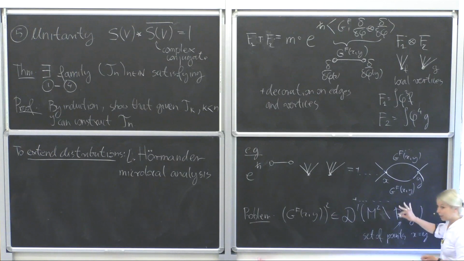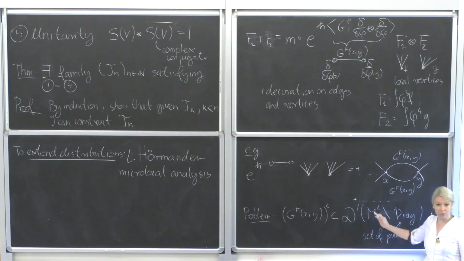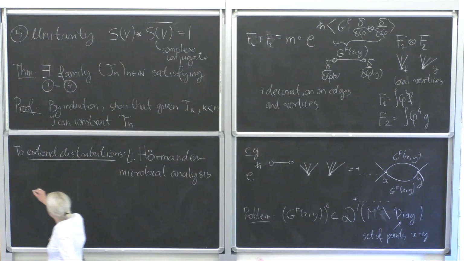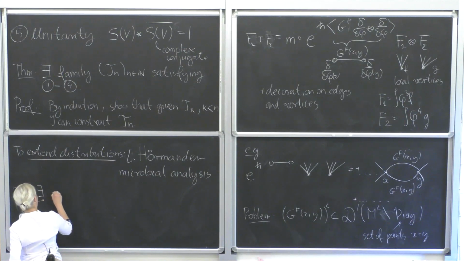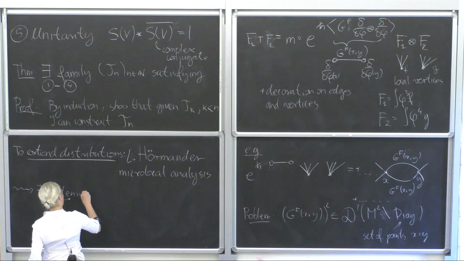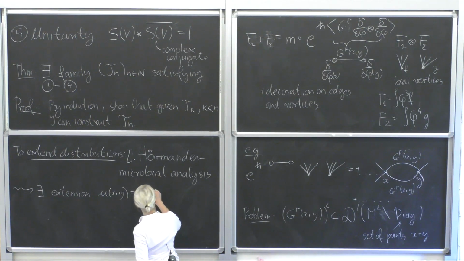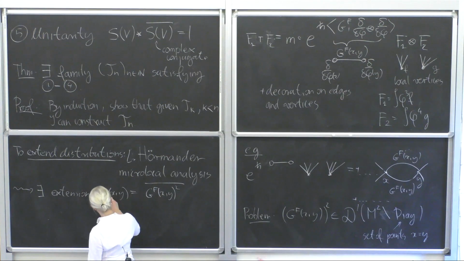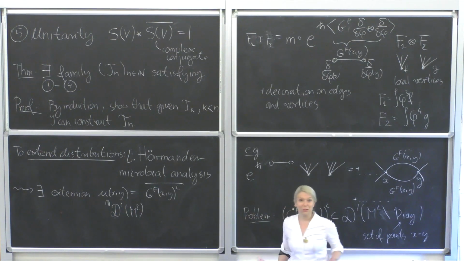So for example, there is a nice theorem there that tells me that there exists an extension of this distribution to M squared. So look in Hörmander and find there exists an extension. Let's call it u(x,y), the extension of the Feynman propagator squared. And this is indeed a distribution where I want it. But it's not unique.